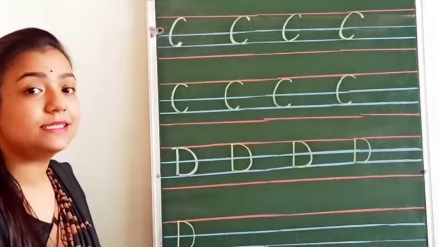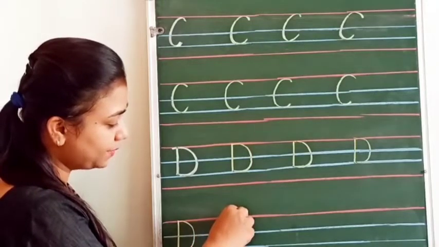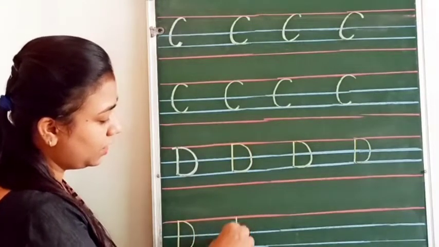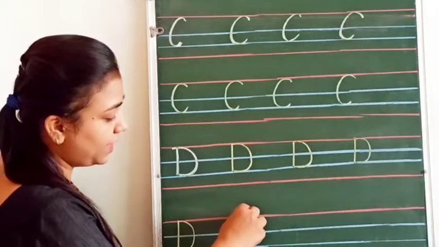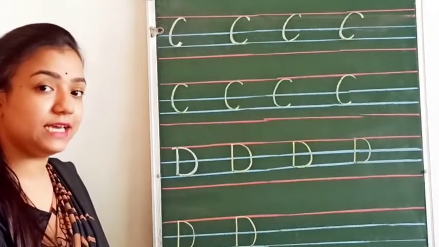This is letter D. Again, starting from the top, come down, go up, then make a curve till the bottom line.